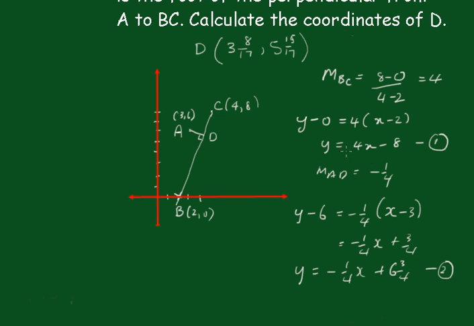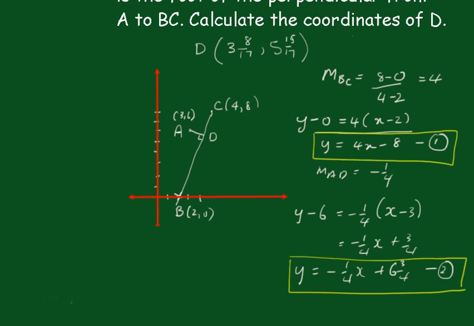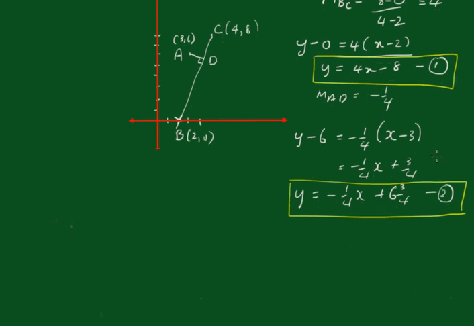Because the y's are both the same, I'm going to equate those two, solving simultaneously. We get 4x minus 8 equals minus 1/4 x plus 6 3/4.